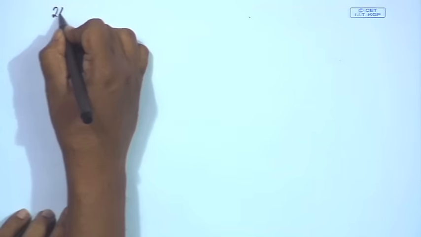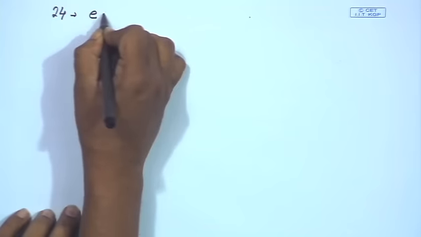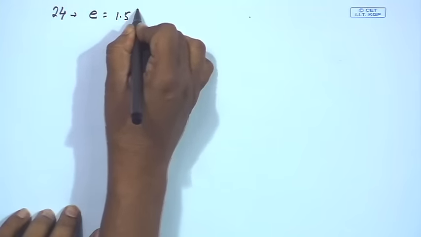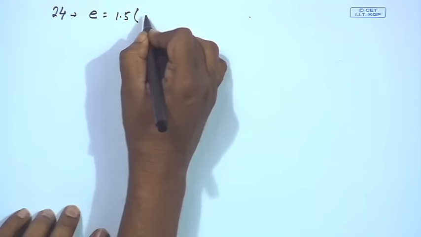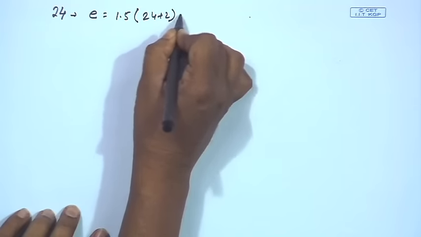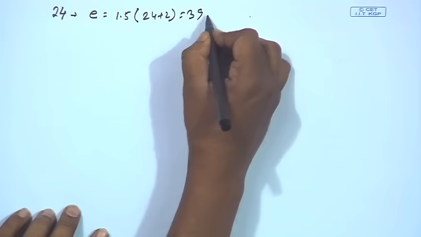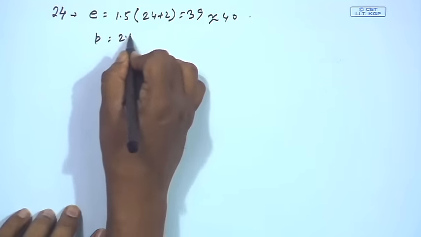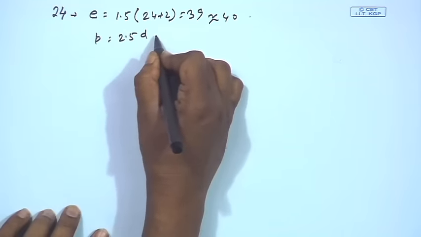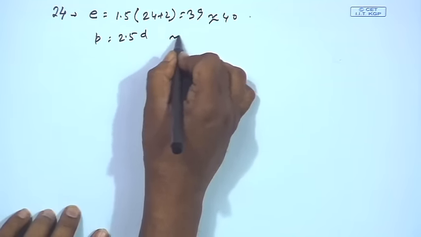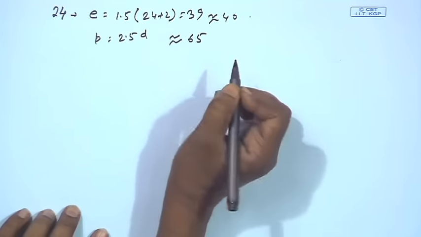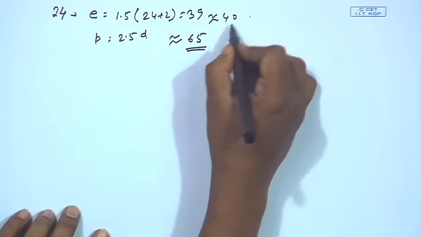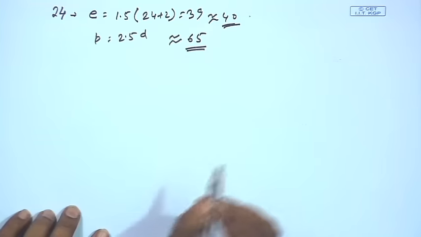Now, we have to also find out the bearing strength of bolt. So, for a 24 mm diameter bolt, edge distance will be 1.5 into D0, D0 is 24 plus 2. So, that is coming 39, we can use as 40 and pitch will be 2.5 D. So, this we can use as say 65. So, pitch we are providing 65 and edge we are providing 40.